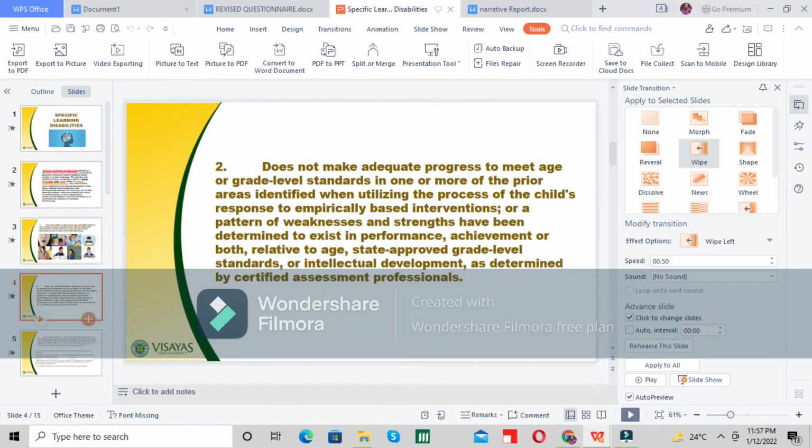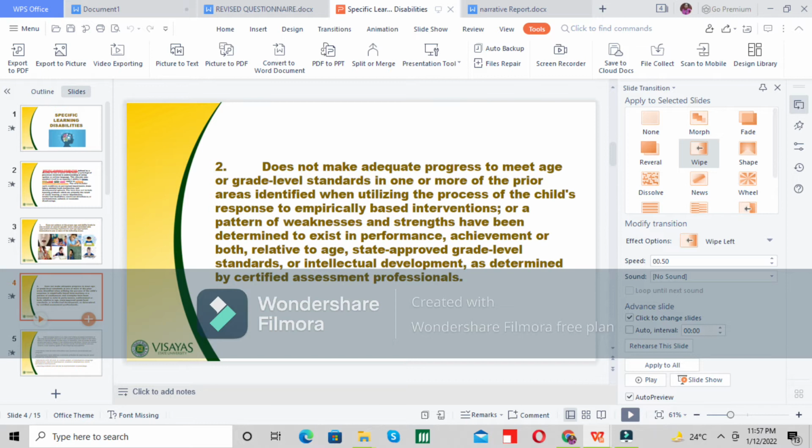Okay, so the next one is this one. The second one is does not make adequate progress to meet age or grade level standard in one or more of the prior areas identified.